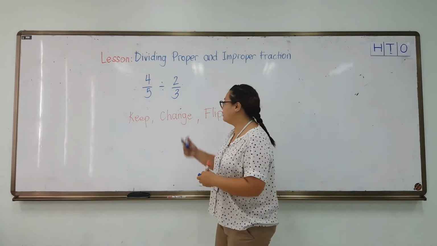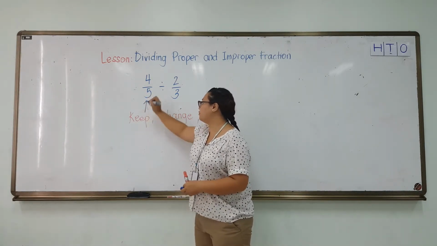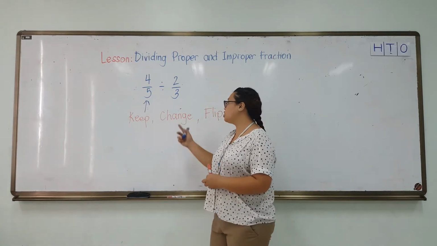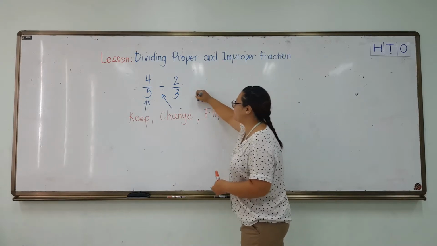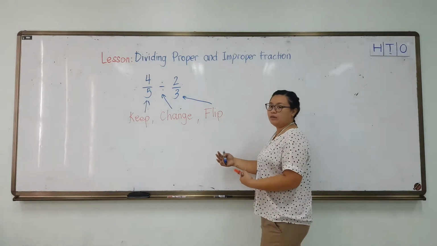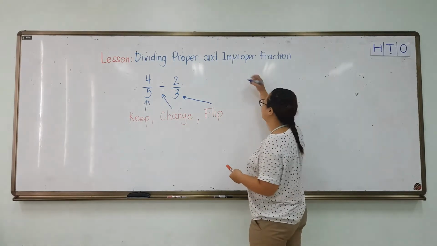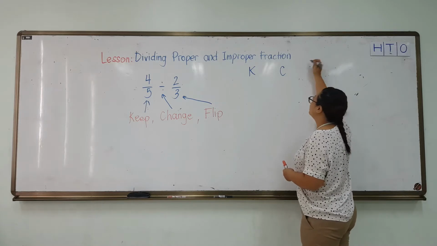Let me rewrite this one. So, keep is for the first fraction, change is for the operation, and flip is for the second fraction. Let's abbreviate. Let's just use the first letter. Keep, change, and flip.